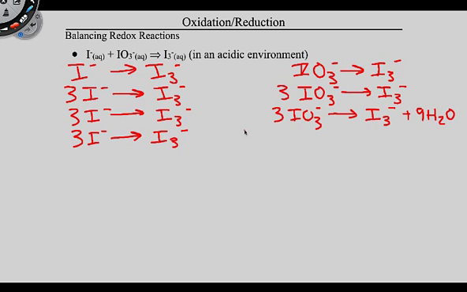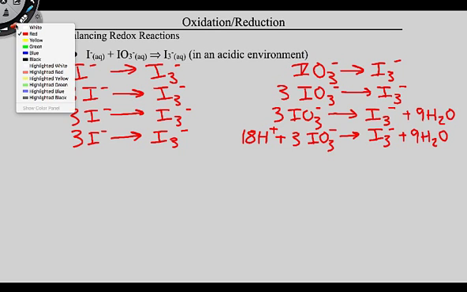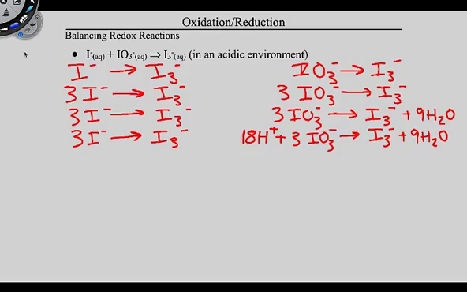So we are going to add 18 protons plus 3 IO3 minuses yields I3 minus and 9 waters. Okay. So now, at this point, I've got a little bit of an advantage over you because I can switch colors. Are we okay?